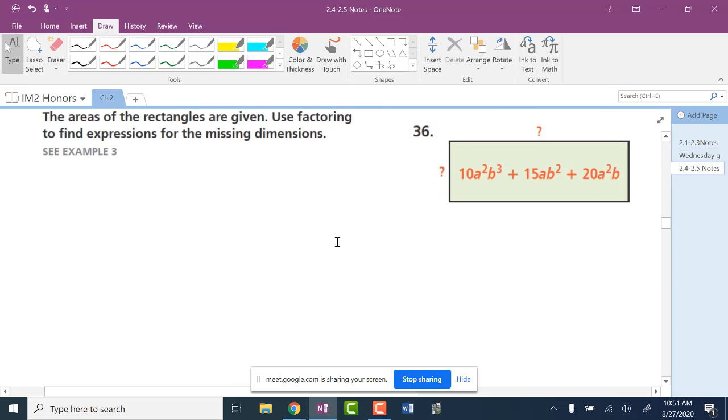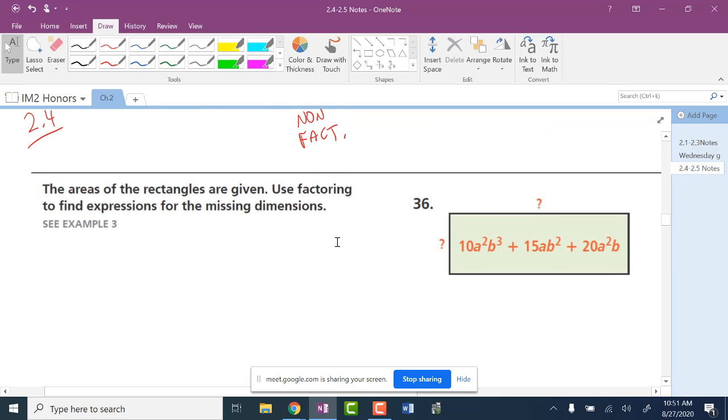All right, last thing about GCF is I assigned you 35, so I just wanted to make sure you were okay with what we're doing on 35. There's actually a few answers that you could do here, but they're saying this is the area, and area is equal to, for a rectangle, length times width.